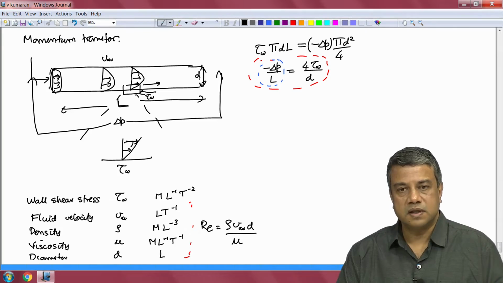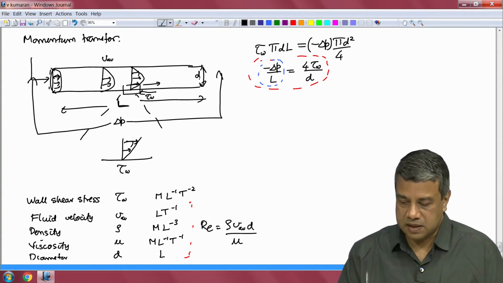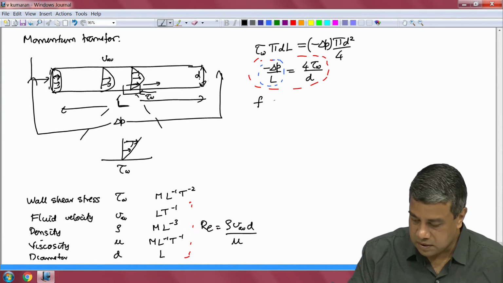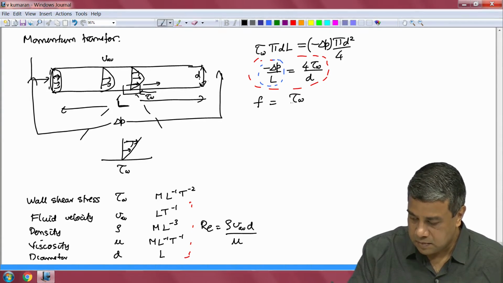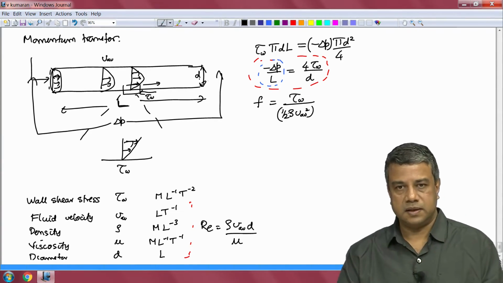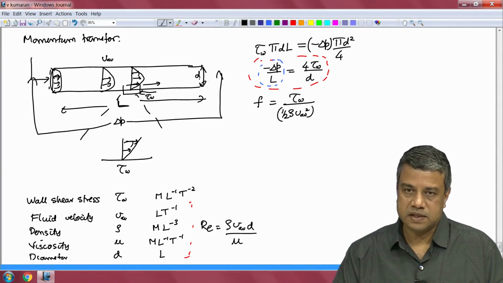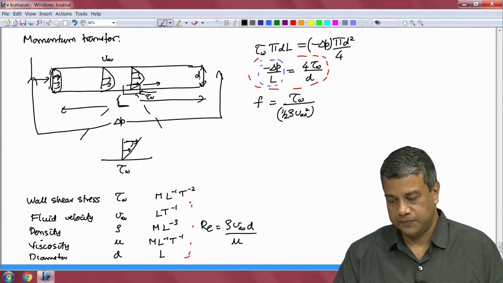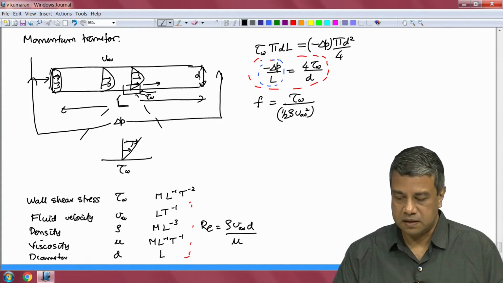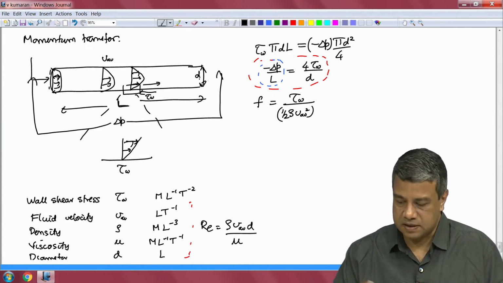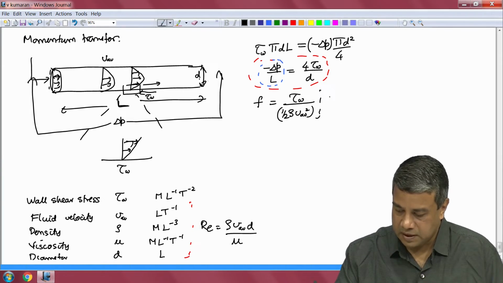Therefore, what is conventionally done is to scale the wall shear stress by a kinetic energy per unit volume. Kinetic energy is half m v square, kinetic energy per unit volume is half rho v square. It is on this basis that we define the scaled wall shear stress, which is what is called the friction factor.